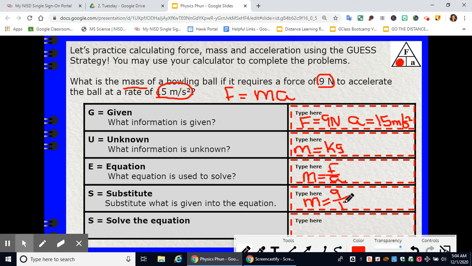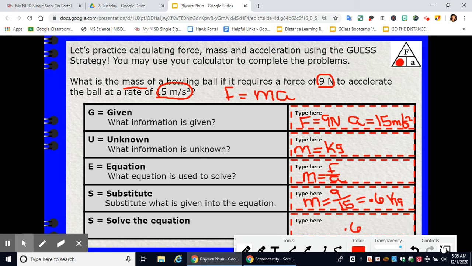So using a calculator, I can divide 9 divided by 15, which equals 0.6. And I do need a unit, which would be kilograms. I solved my equation right here in the substitution step just now, and our answer is 0.6.